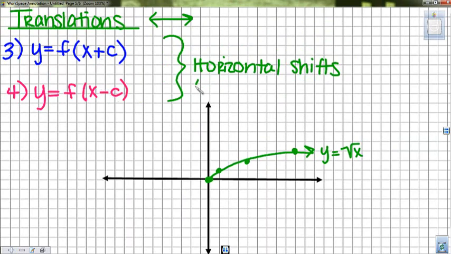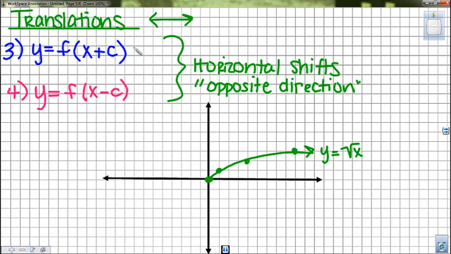But you need to remember horizontal shifts are actually the opposite direction of what you would think. Okay, so when it's in the parentheses, it's the opposite. So a plus is actually going to move your graph left, and a minus will move it right. So let's see what that looks like on this graph.